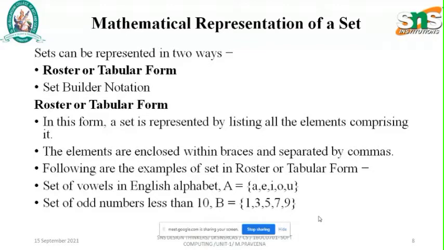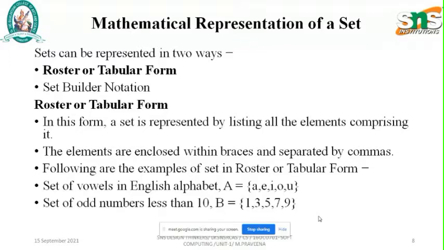The elements are enclosed within braces and separated by commas. Following are examples of sets in roster or tabular form.